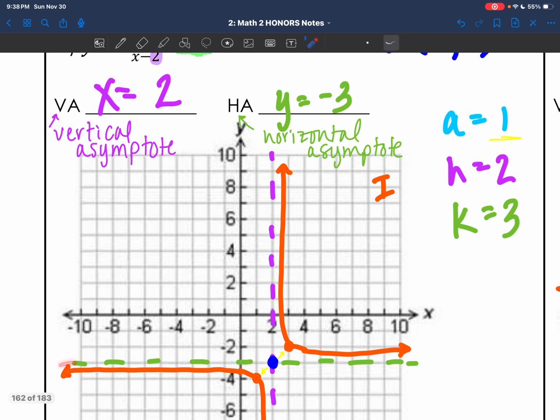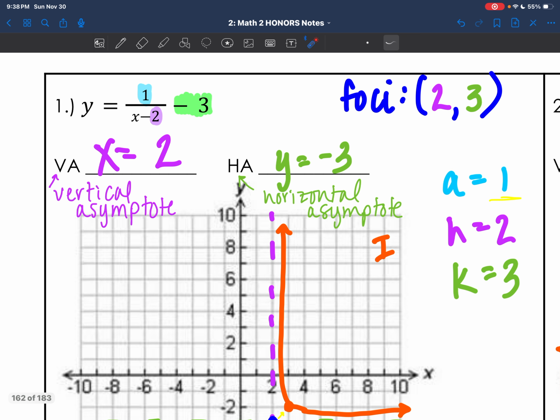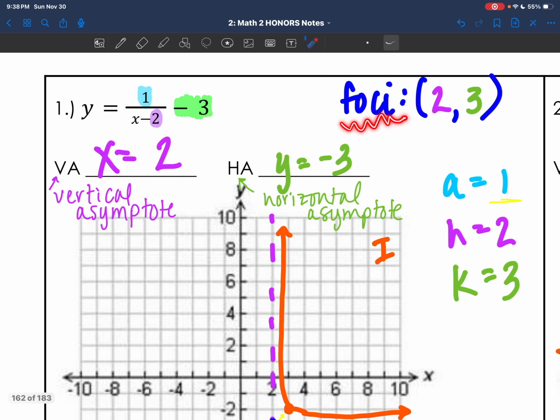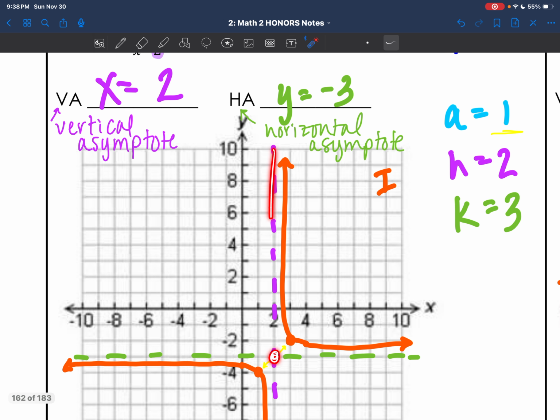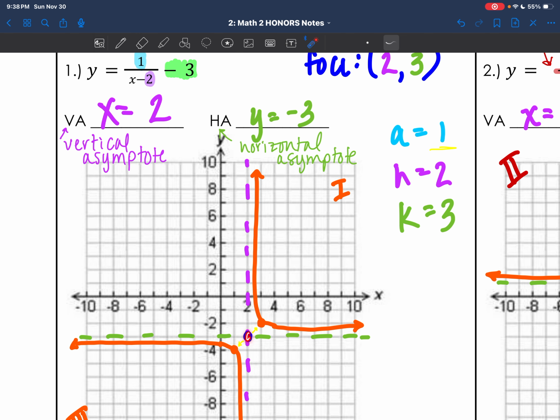So then I graph it as it crosses the y-axis at -3. Now, if we did this correctly, this should be where your two lines intersect. If you notice, they both intersect at this point, which is your foci. So this is the main point that we're going to go from.